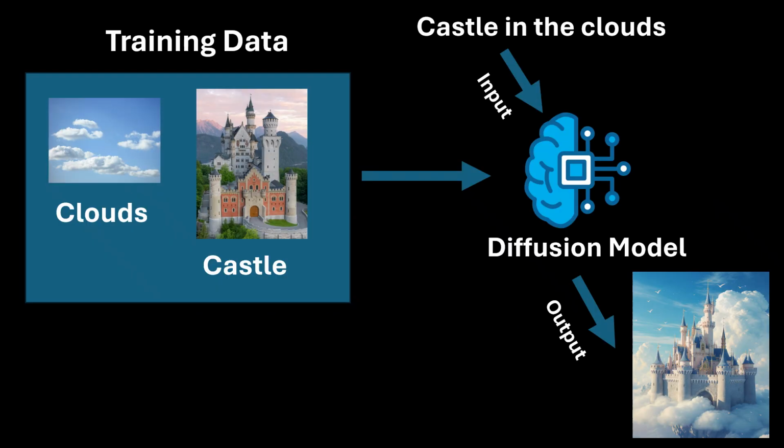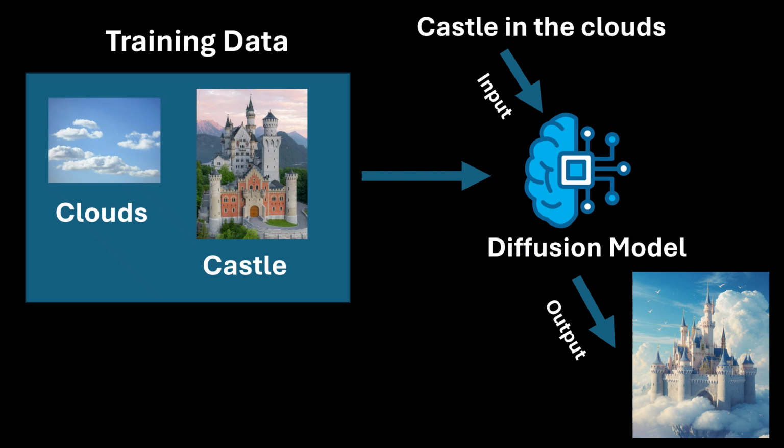But how exactly does the text come in? Well, it comes when we connect the text to the images. The model is trained on huge data sets where each image has a caption, right? This lets the AI connect the words with visual patterns. So when you type castle in the clouds, the model uses its training to guide the noise removal process into that kind of picture.